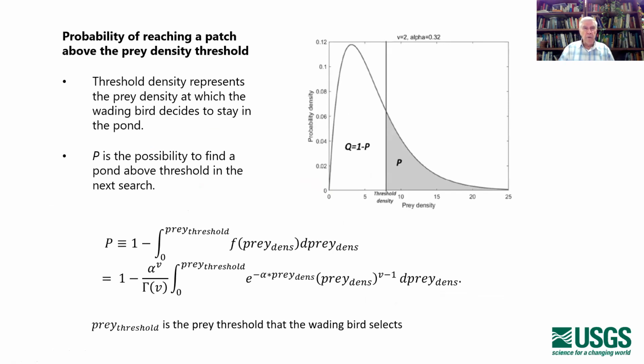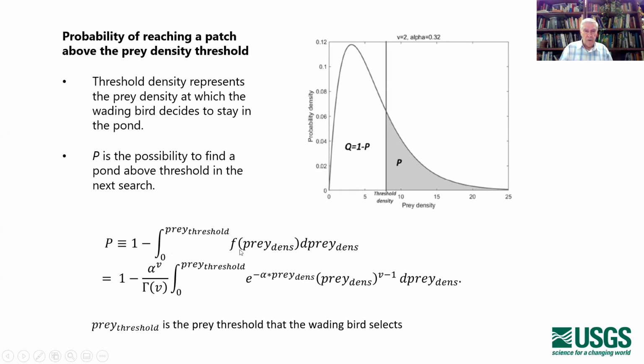So the probability of reaching a patch above the prey density threshold can be given by, we're going to call that P, which is 1 minus the integral over the prey density distribution, f of prey dense, which is quite general at this point, from 0 to prey threshold.